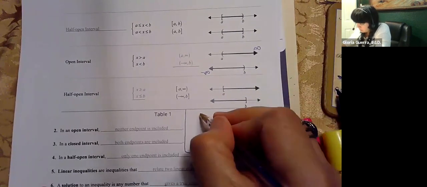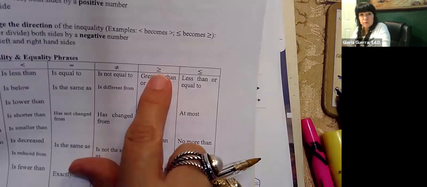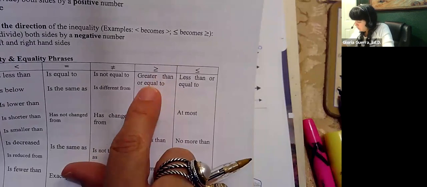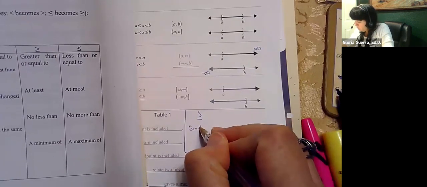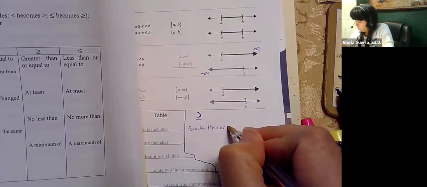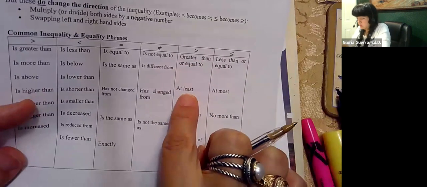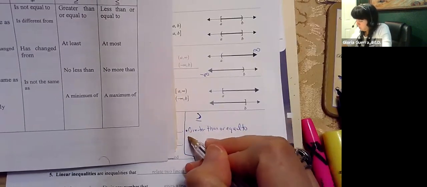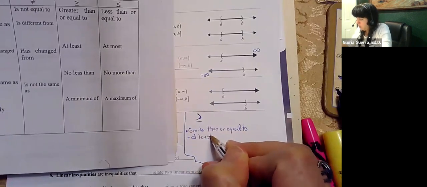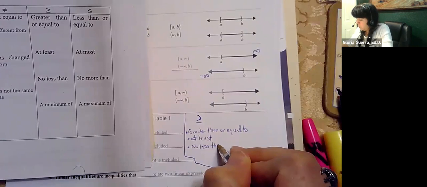So if you have this inequality, then you can write greater than or equal to, at least, no less than, a minimum of.